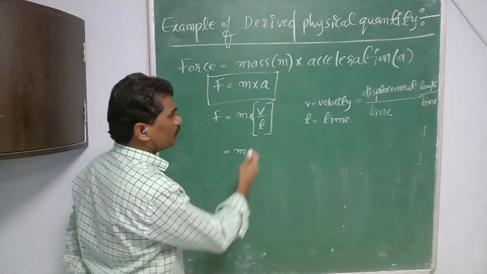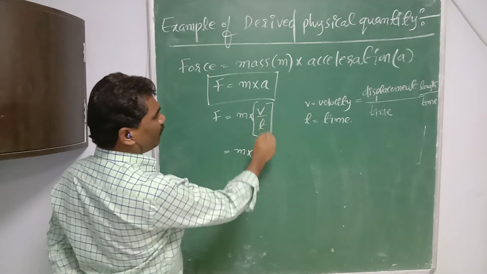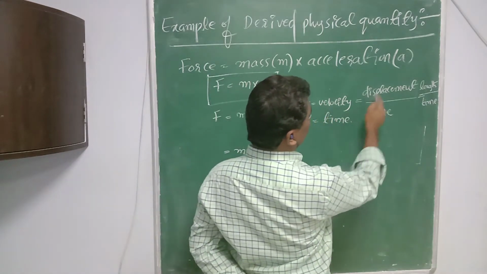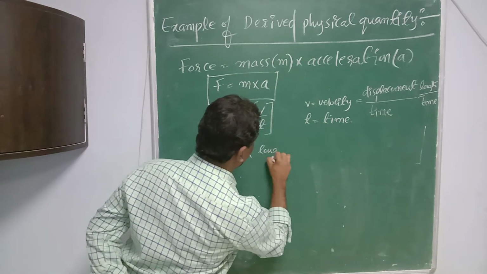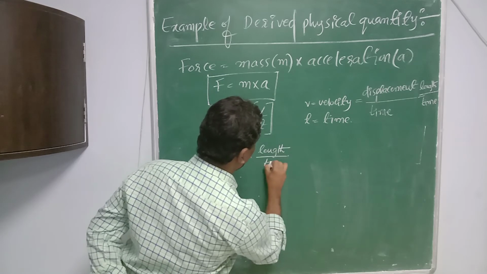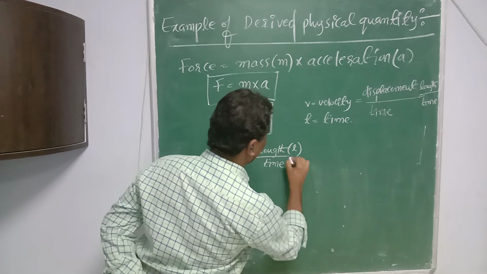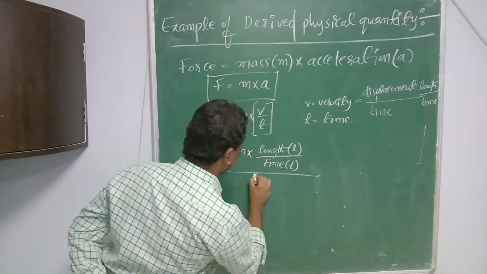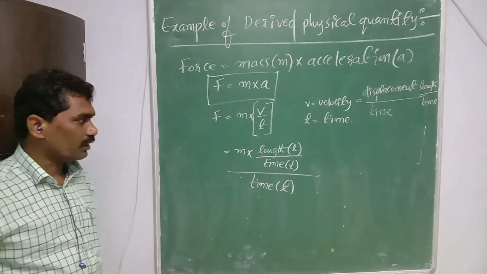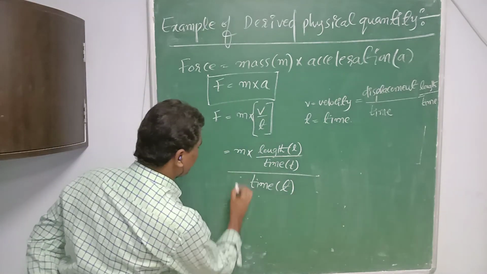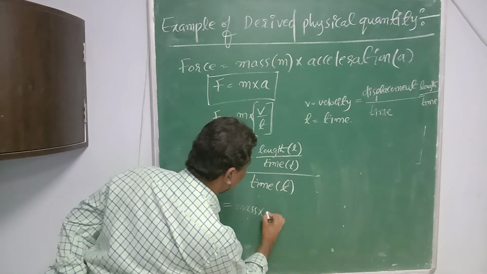Mass m into velocity. What is the formula of velocity? The velocity formula is displacement by time, which is nothing but length by time. So length L by time t, whole divided by time t.